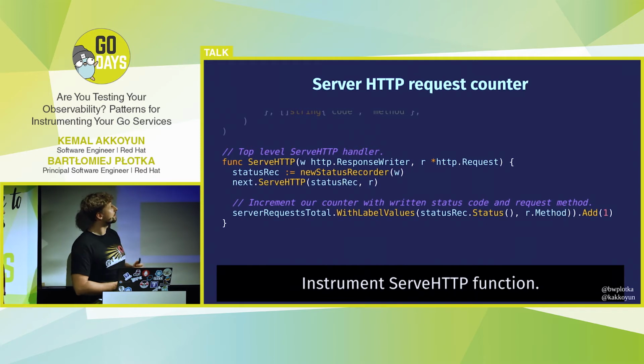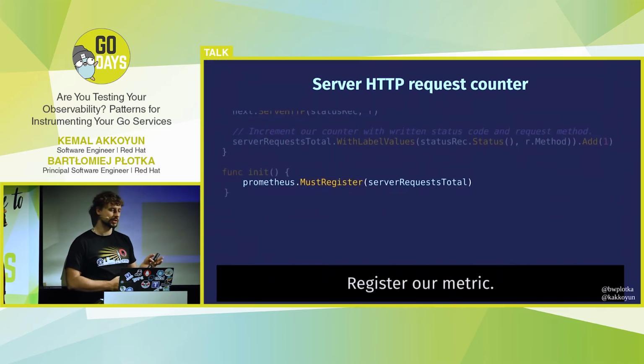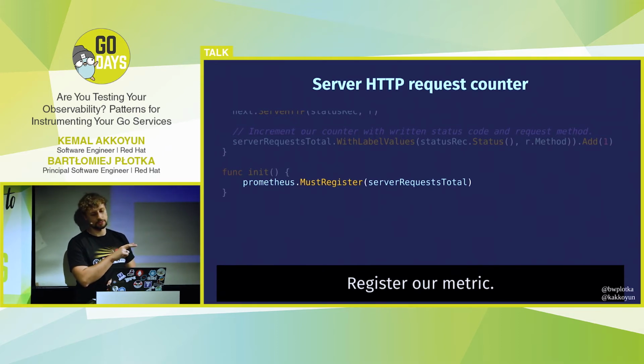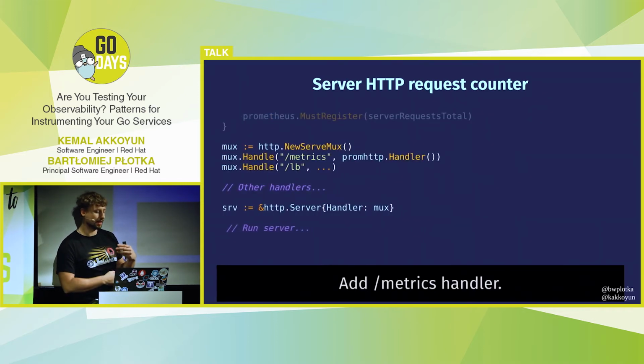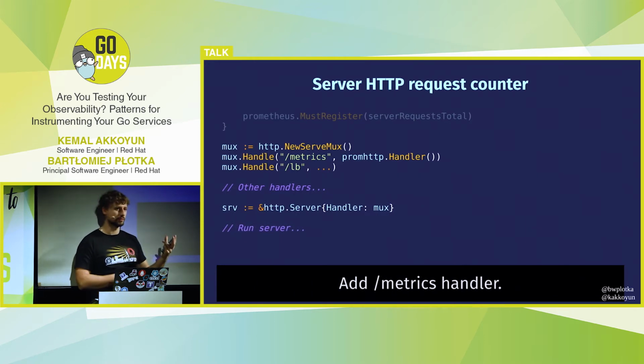Something that is easy to forget is also the next step, which is registering the metric in a registry, the Prometheus registry. So let's focus on what we are actually accomplishing by registering this metric.